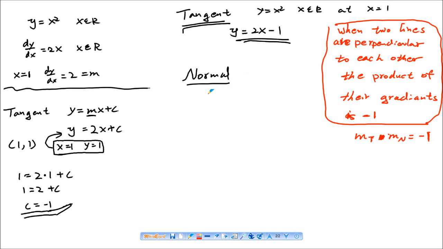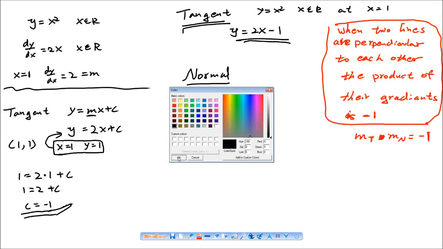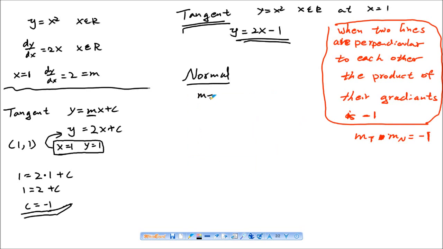So we can use this equation. The gradient of the tangent times the gradient of the normal equals -1. The gradient of the tangent is 2, times the gradient of the normal equals -1. So the gradient of the normal will equal -1/2.